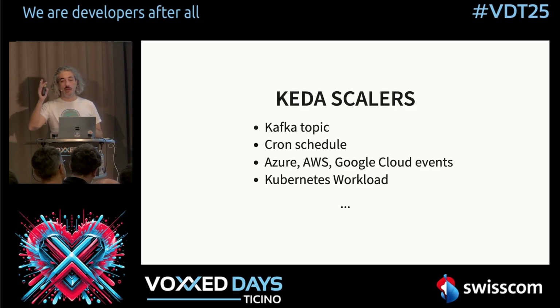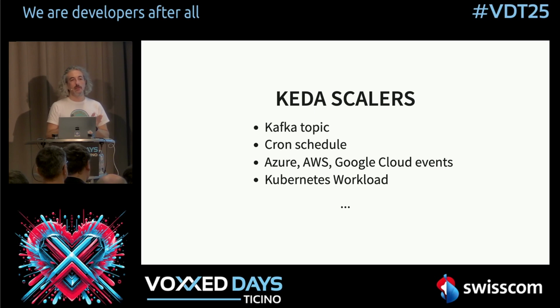So if you say, if this other deployment scales to 0 or to whatever number, scale this other one too. So it's very powerful to be able to just declare what you want based on other metrics. The Kafka one is the typical one: if I'm getting many messages through here, scale it up. So you are not limited to the scalers that come by default with Kubernetes. So that's a cool open source project.